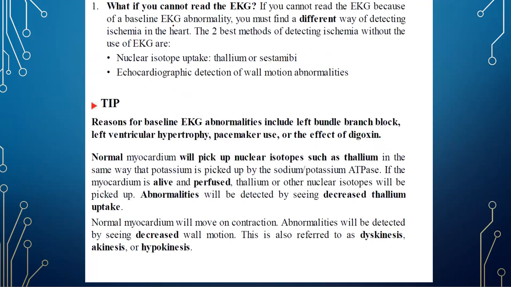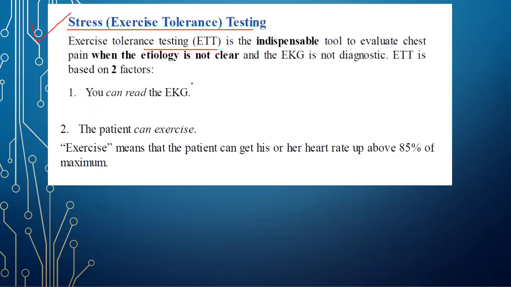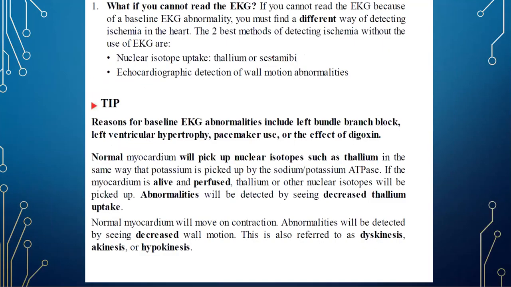All right. Now, see this one, ETT is based on two factors. You can read the ECG, and the patient can exercise. Only in these two cases will you do ETT. What if you cannot read the ECG? Because there is some baseline ECG abnormality already there, like some ST depression, or T inversion, or a left bundle branch block.